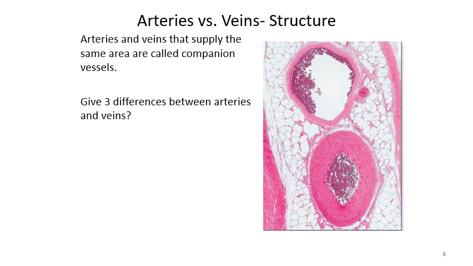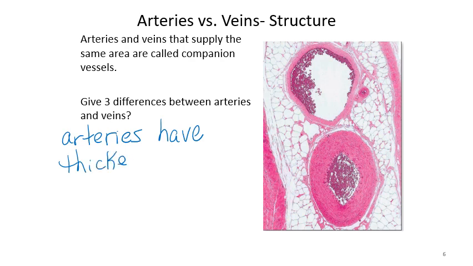So arteries and veins, and you'll see this when you do your blood vessel lab, you usually will have an artery beside a vein. They'll supply the same area. They usually have the same name, except you'll call one, say, the brachial artery and one the brachial vein. So we've got some differences between arteries and veins. Arteries have a thicker tunica media, or a thicker muscular wall.